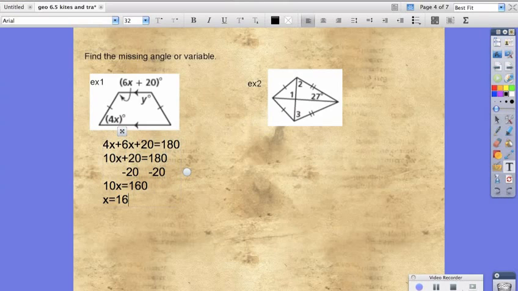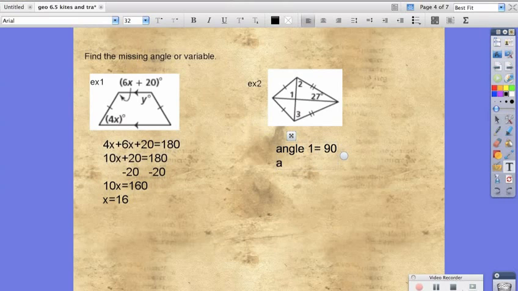For example 2, we have a kite. And in the kite, we know that angle 1 is a 90-degree angle because the diagonals are perpendicular. That means the unnamed angle to the right of angle 1 is also 90. And in the top right triangle, we now have a right triangle whose sum is 180.